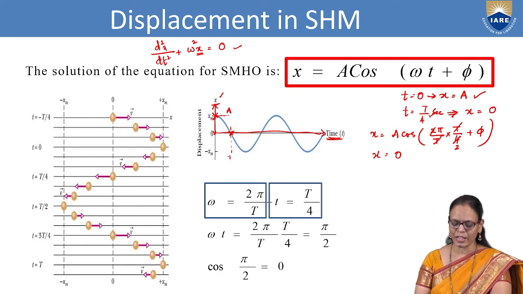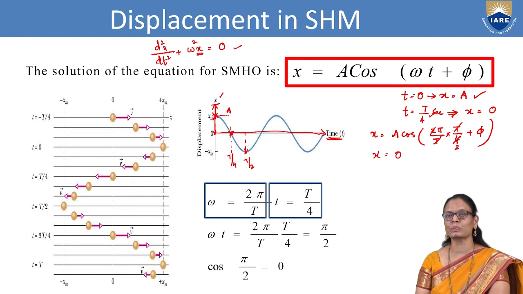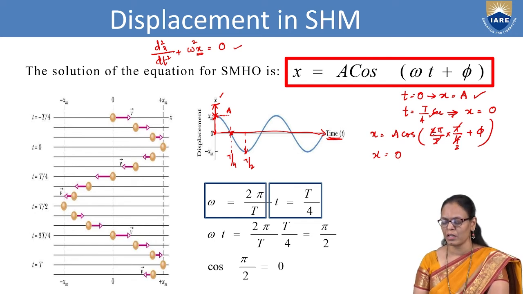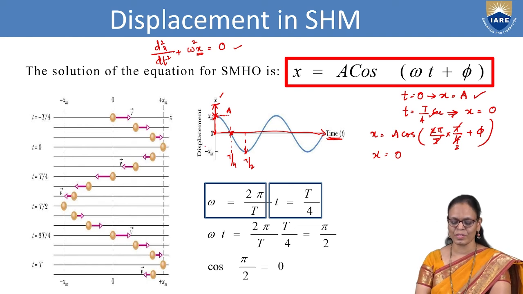Then at T by 2 seconds, the particle will be at the other extreme. If I put T by 2 here, then what we will have is cos pi, which gives minus a. So the particle will be at the other extreme.